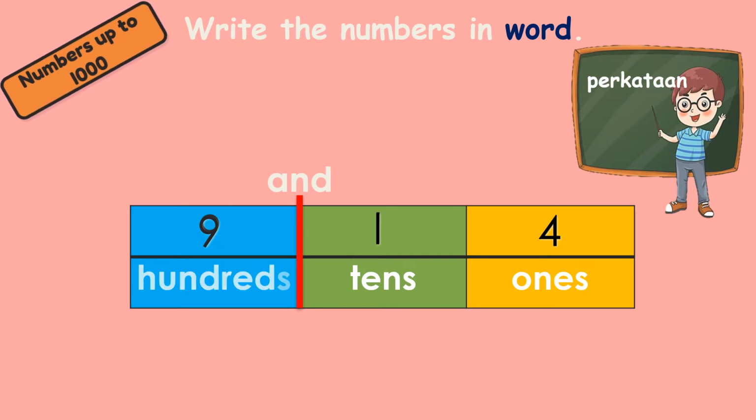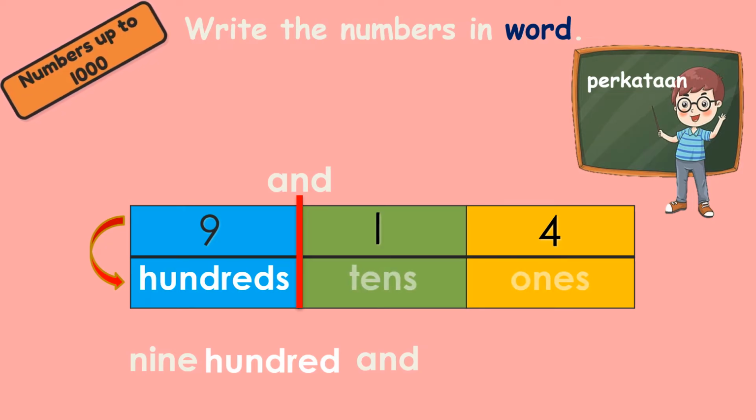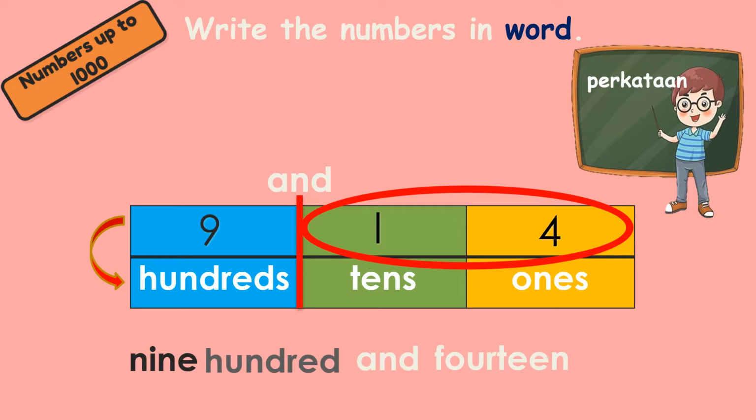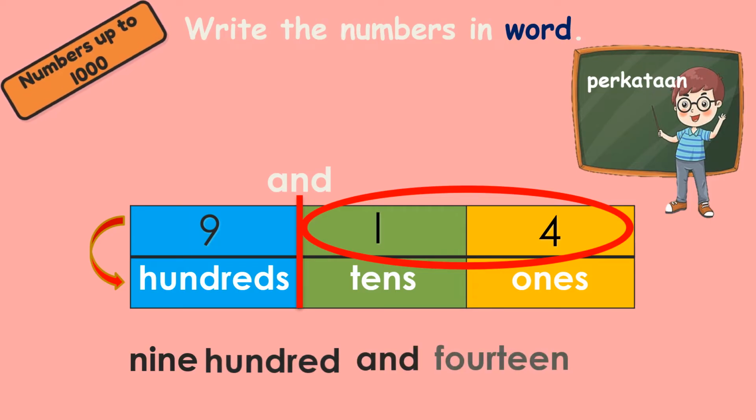We start from hundreds place. 900 and for tens and ones place, we read this number together. 14. 914.